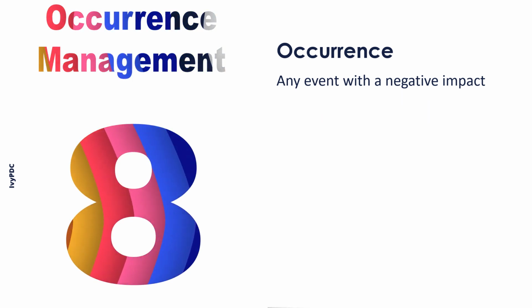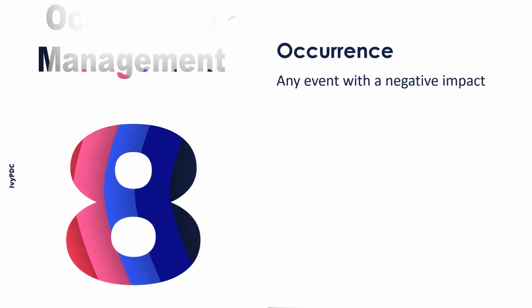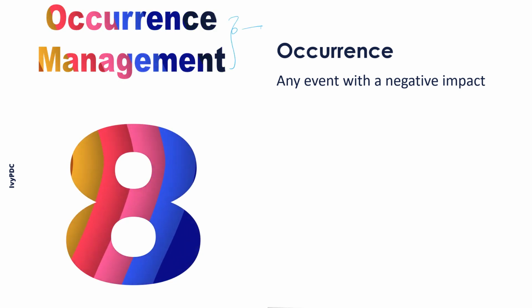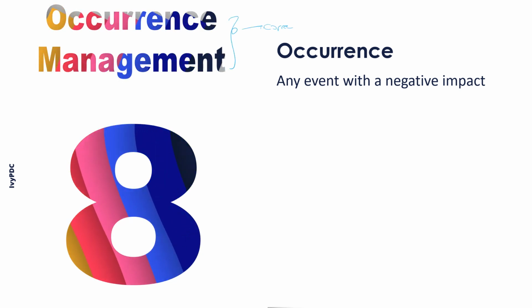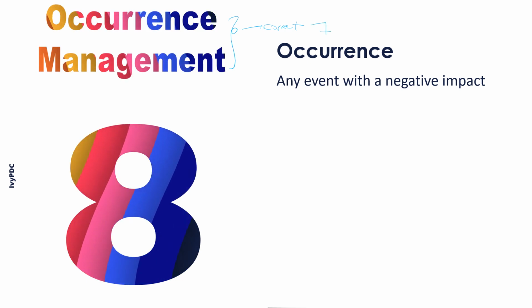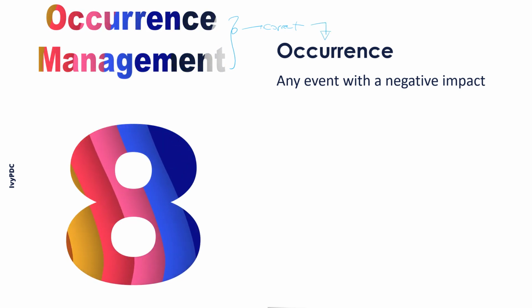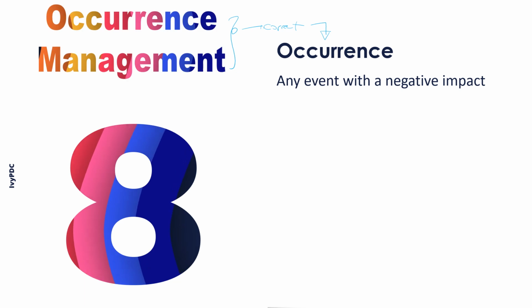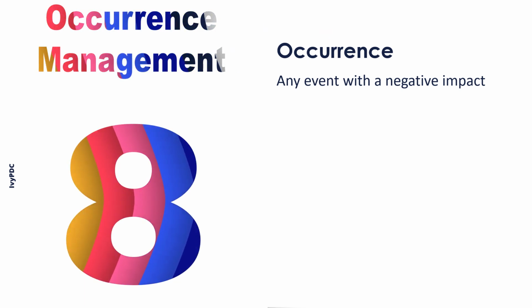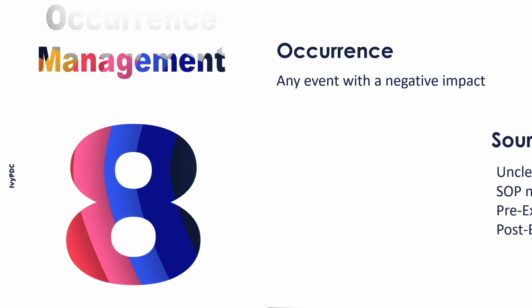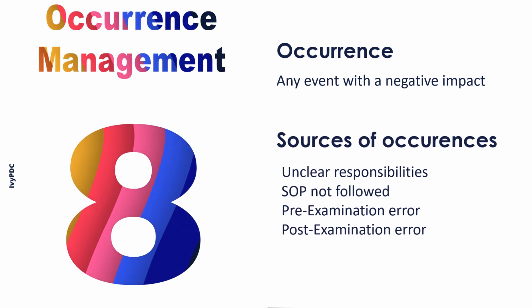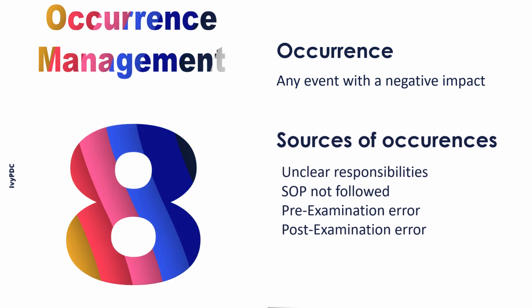Now, the goal of occurrence management is to be able to correct the errors that have been caused by negative events. There are examples of sources of how occurrences may occur.